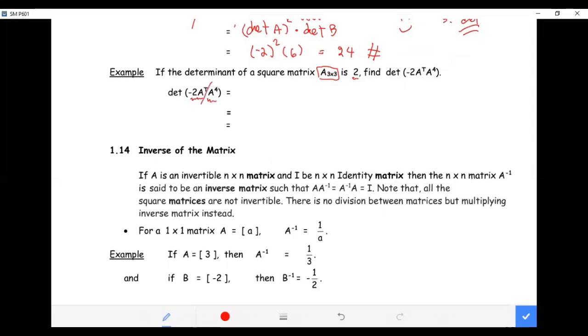So you split it out like this. You still remember this property, right? So you write it down: determinant of negative 2A transpose, and then the other one is determinant of A to the power 4, like this.